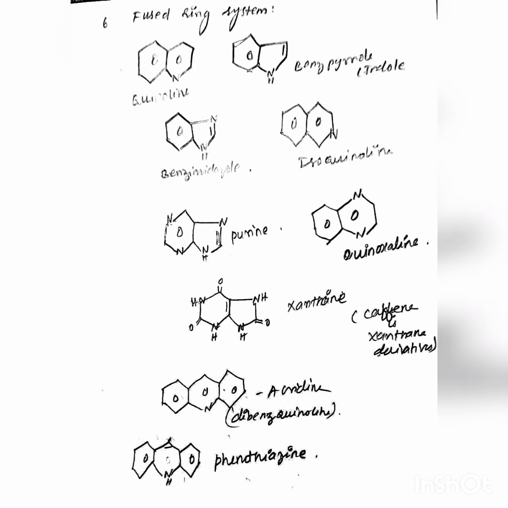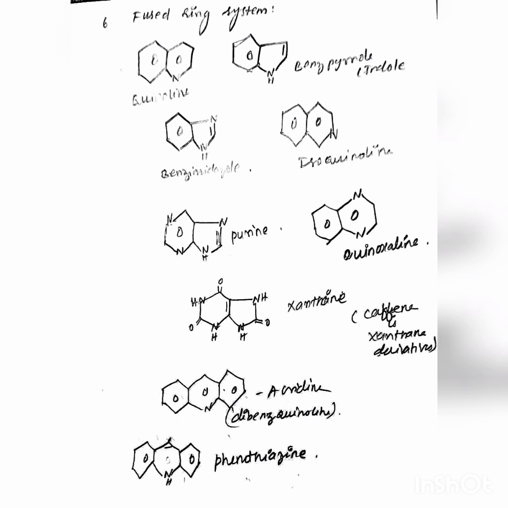If benzene is fused with the pyrazine nucleus, then the compound is known as quinoxaline. If in purine all the bonds become saturated and oxygen atoms are present in the second and 4th positions, as well as a double-bonded O in the 6th position, three double-bonded O atoms in all, that compound is known as xanthine.